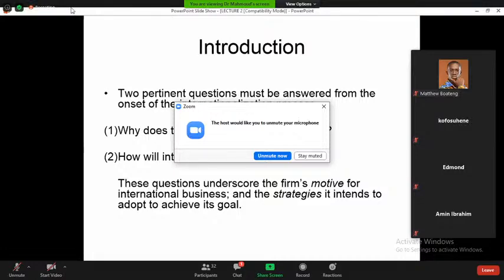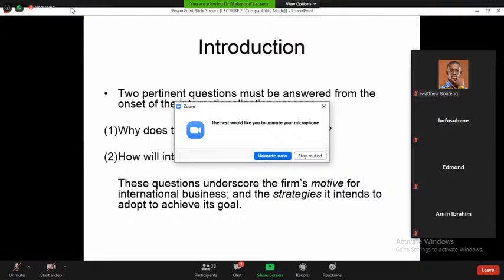By way of introduction, two pertinent questions must be answered from the onset of the internationalization process. We need to have answers to them. Like yesterday, I got a question from Abigail asking, what will make big firms go out there?